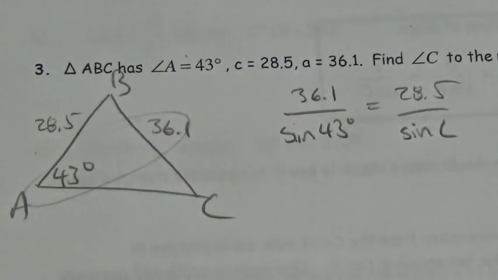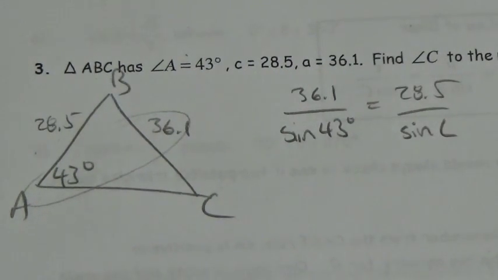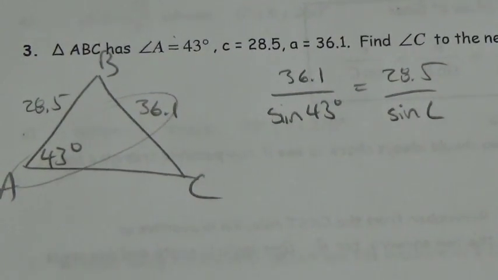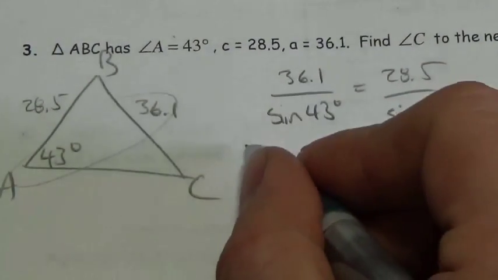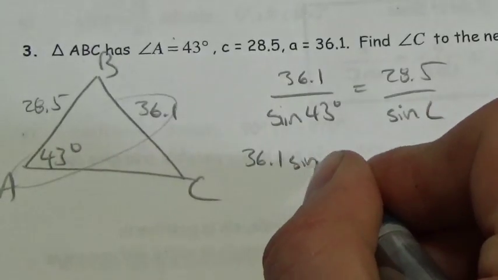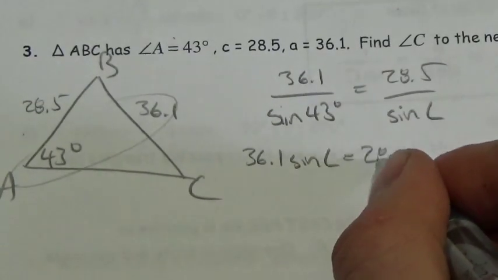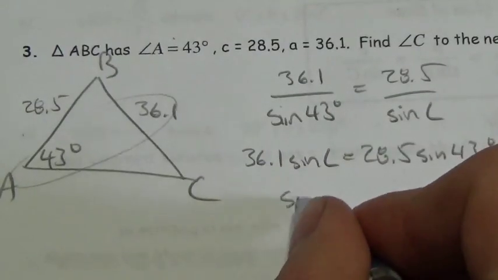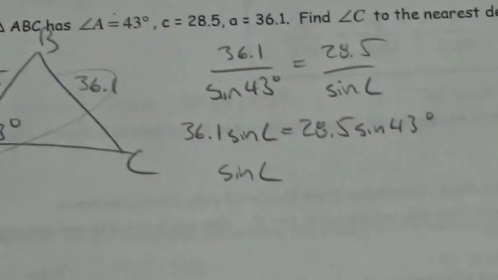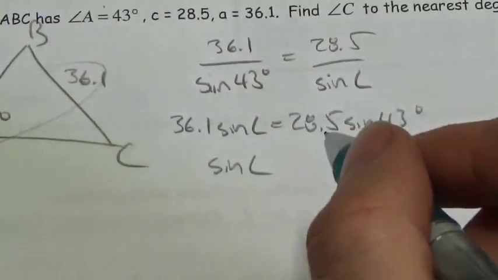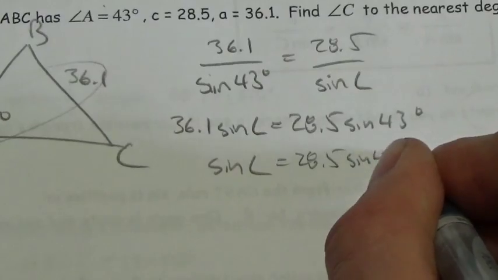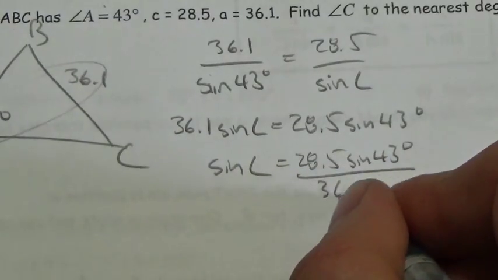Now I'm looking for an angle. So even right now I'm thinking, this could be an ambiguous case here. I'm likely going to end up with two options here. So I'm going to cross multiply: 36.1 times the sine of C will equal 28.5 times the sine of 43. And then just like I've done a couple times already, I'm going to divide by that 36.1 and I'm going to get 28.5 sine of 43 degrees over 36.1.